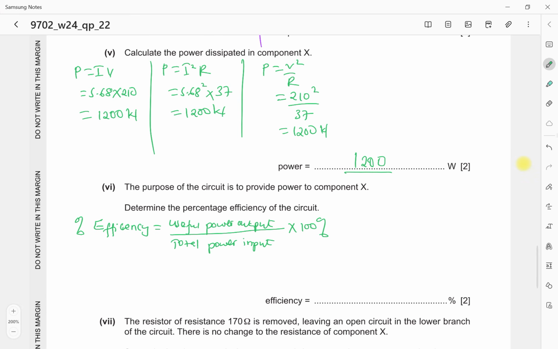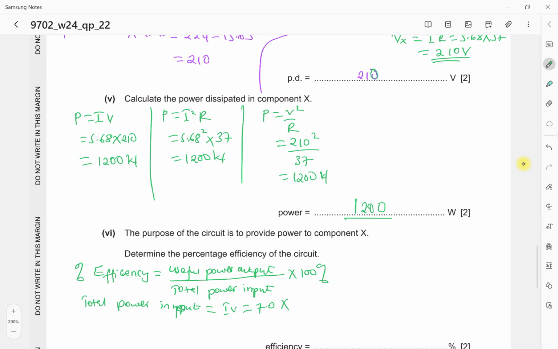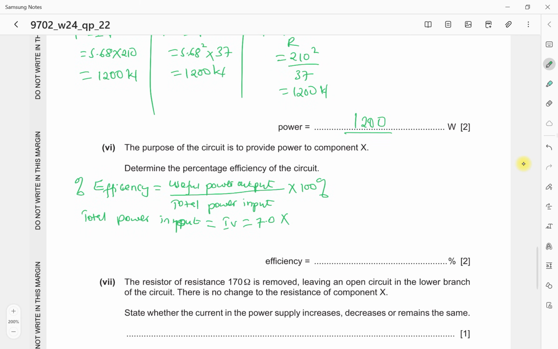Then the total power input is, of course, I times V. Total current was 7.0 amperes. Then V is going to be the EMF, so total power input is I times E, where E is the EMF. The EMF was, I think, 230. Yes.